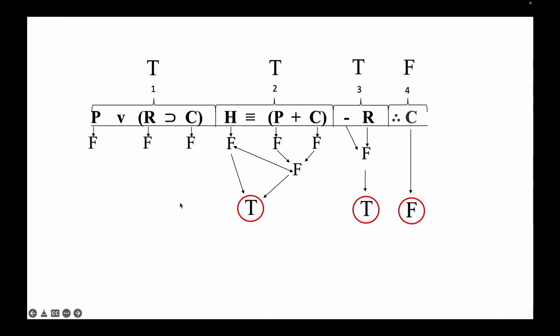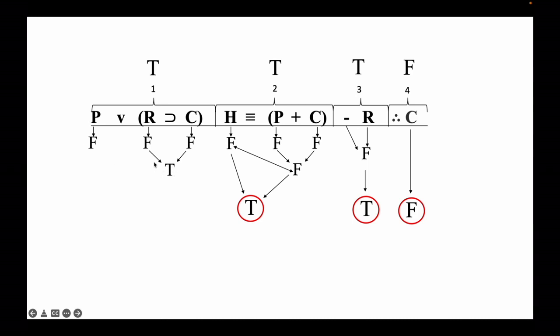At this point, I find the truth value for the conditional statement inside the parentheses in the first premise. But remember that the first premise is a disjunction. The first disjunct is P, the second is if R then C. And remember that the rule says that the only possible combination of truth values that renders the disjunction false is if both disjuncts are false.